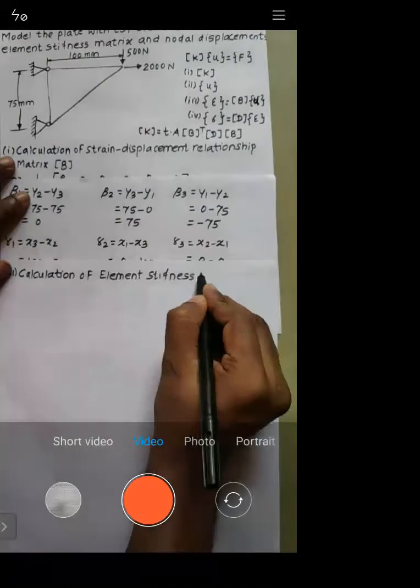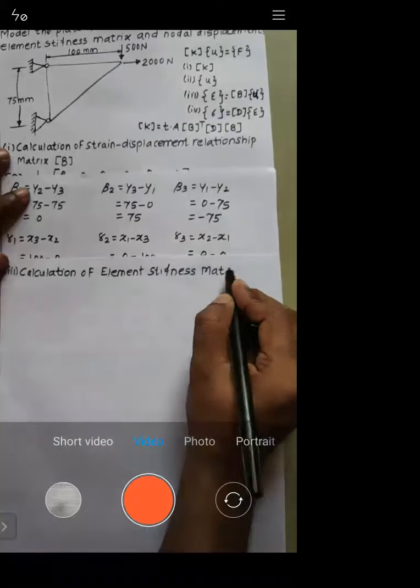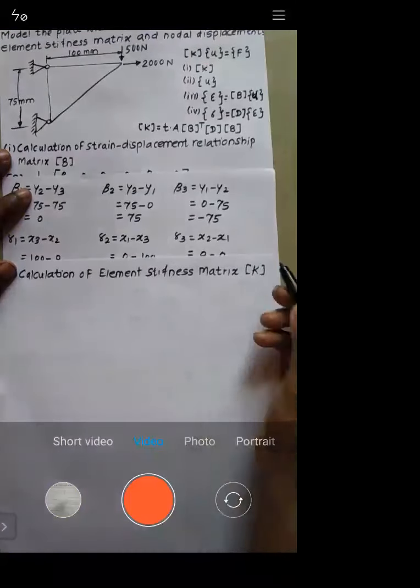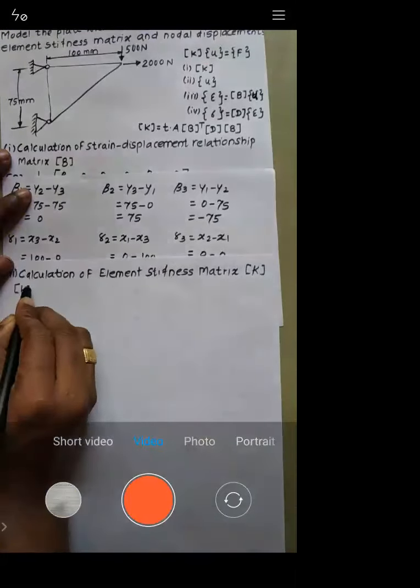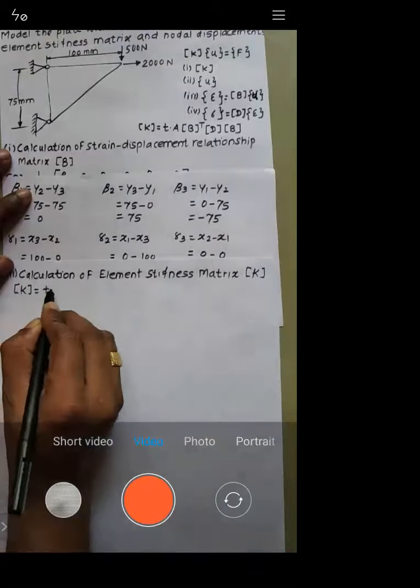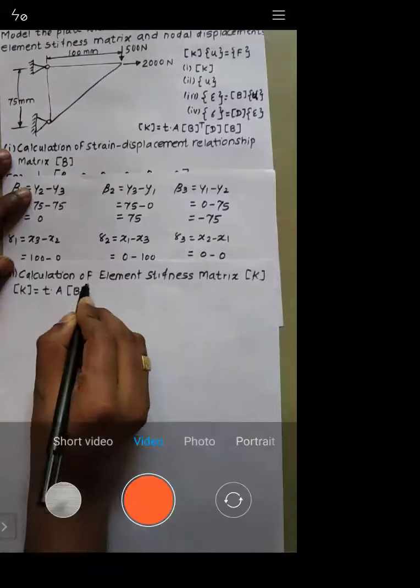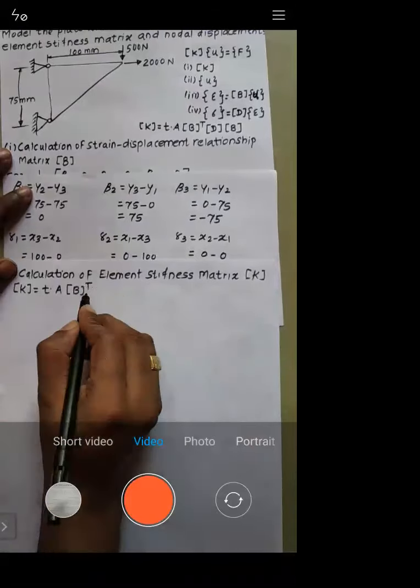Now I need to calculate which matrix? The element stiffness matrix, indicated by K. What is the formula for K? K is given by thickness into area into transpose of B into D.